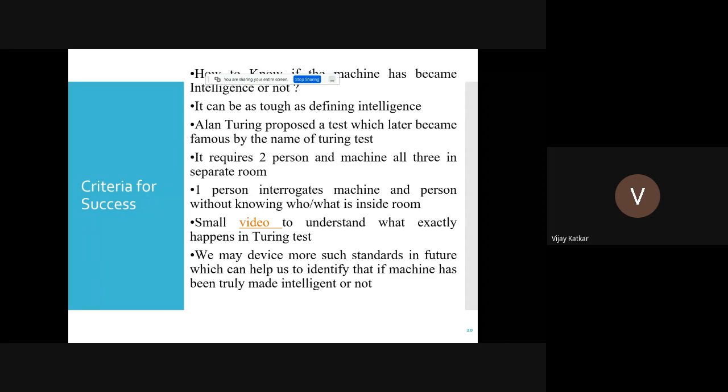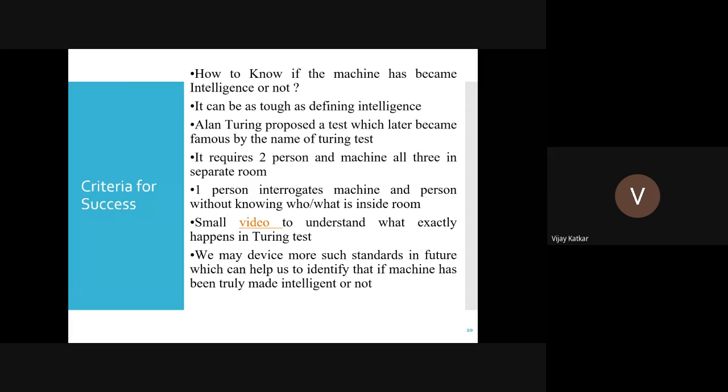If you believe that the thing with whom you are interacting is a human, then the test is successful. The machine is mimicking the human. But if you cannot believe that, then the machine is not sufficiently trained enough to have human intelligence.